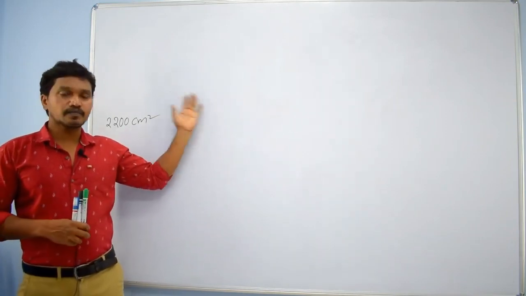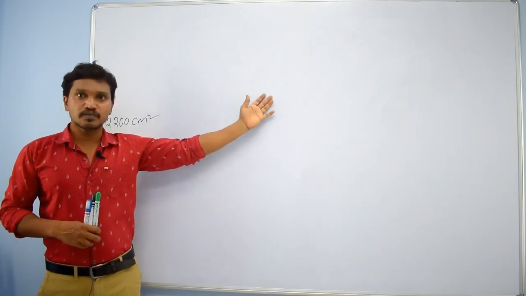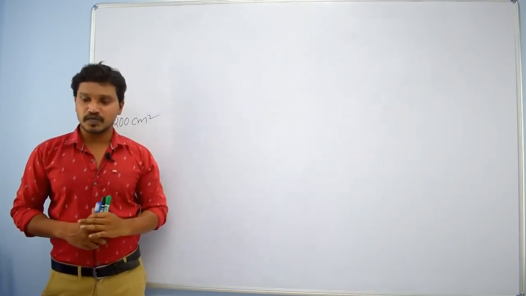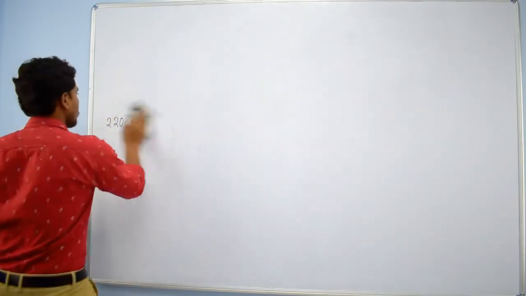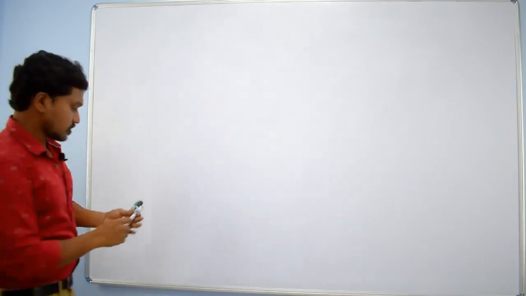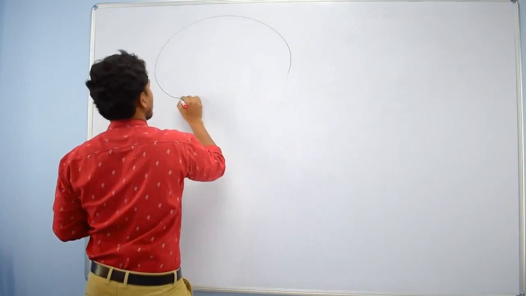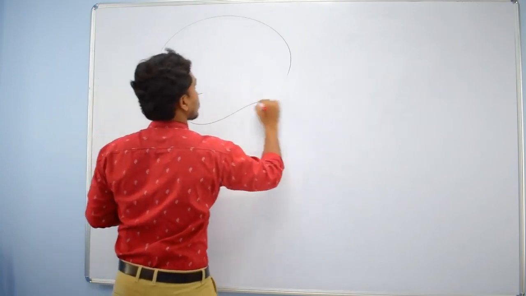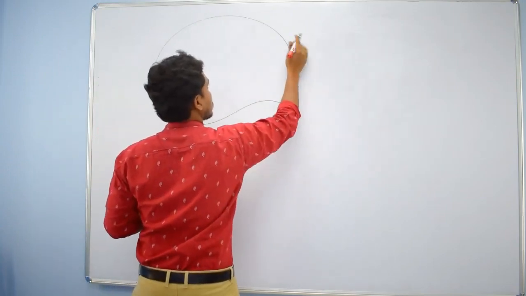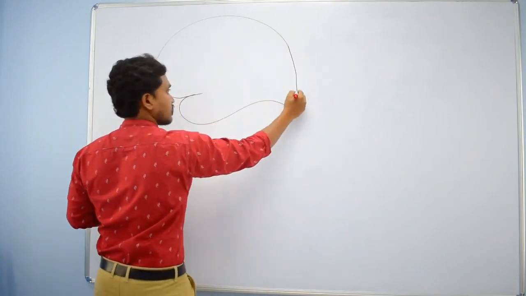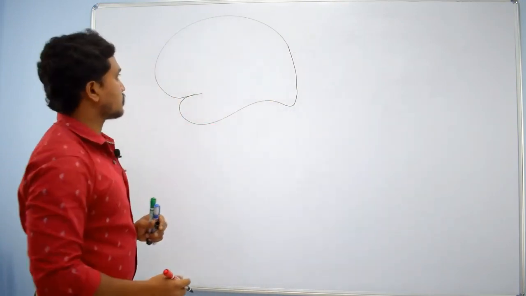For that I am taking the superior lateral surface of the cerebrum and the medial surface of the cerebrum. This is the superior lateral surface. This you know already. Last class we discussed in detail the different sulci and gyri present in the cerebral hemisphere.